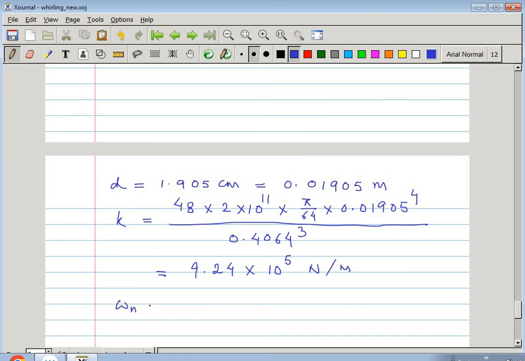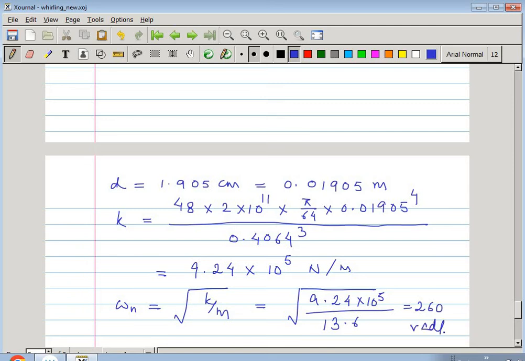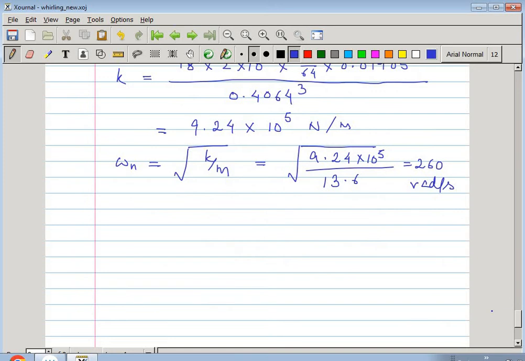So in this case omega n is root over K by m, that means 9.24 into 10 to the power 5 divided by 13.6, which gives 260 radian per second. So now omega by omega n is 600 by 260.